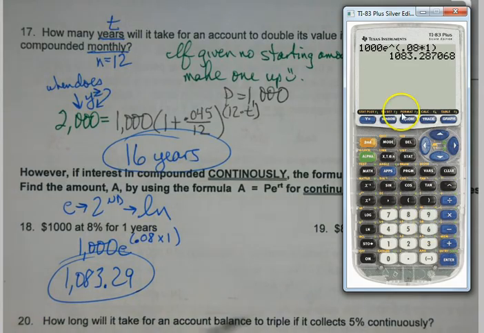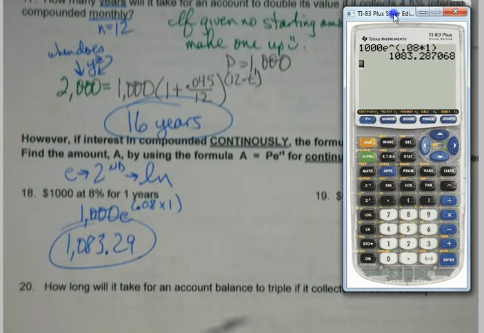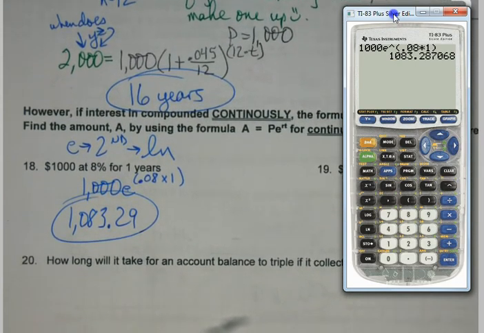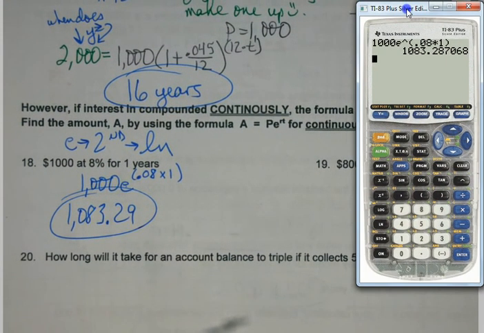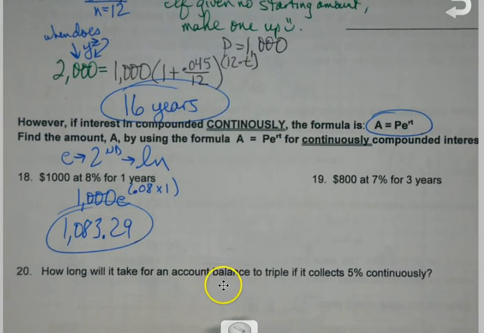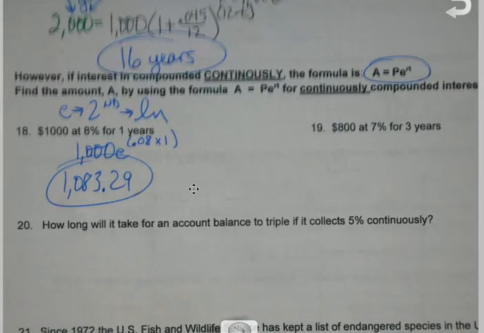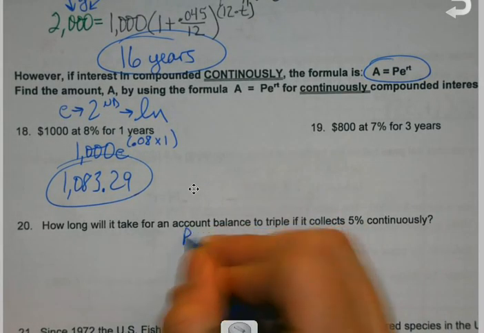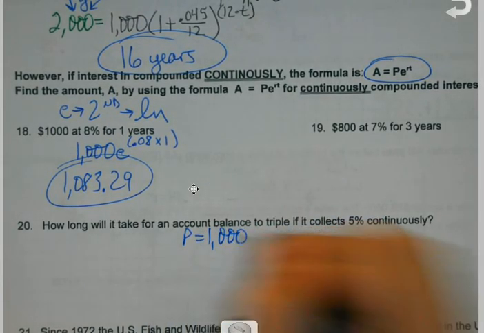So all I'm really doing through all of this, and I'm going to use number 20 as my last one because it's weird and we like to deal with weird stuff. How long will it take for the account balance to triple if it collects 5% continuously? Okay, again, I'm going to keep using my 1,000. You use whatever you want.